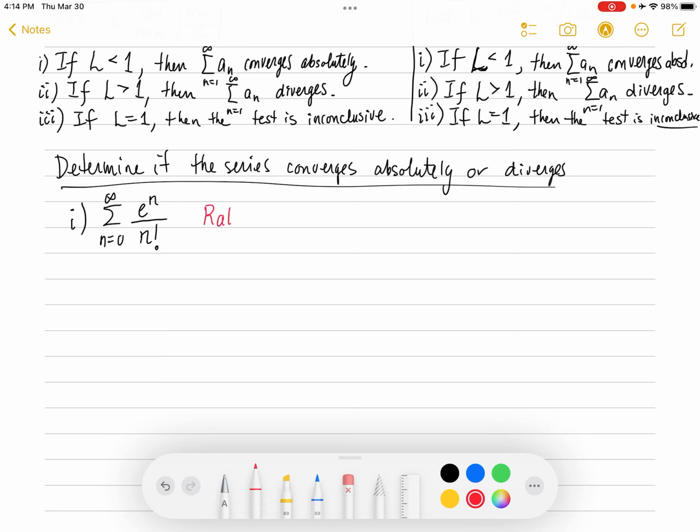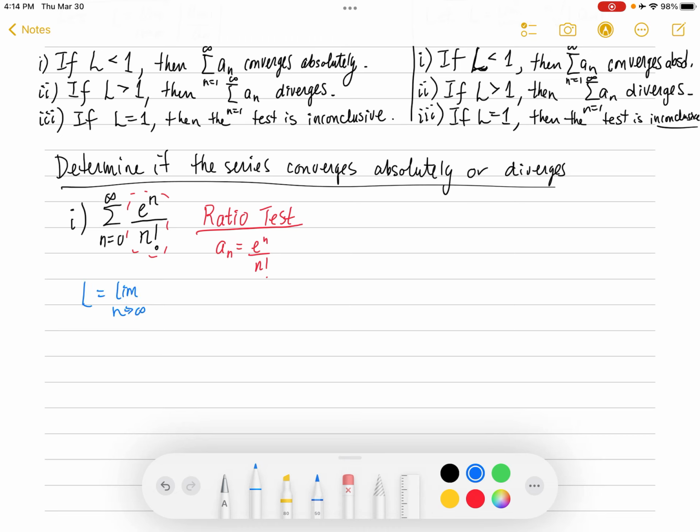So notice how I have a factorial here. I'm going to use the ratio test. So here my a_n is e to the n over n factorial.